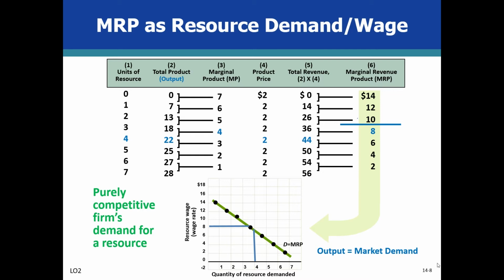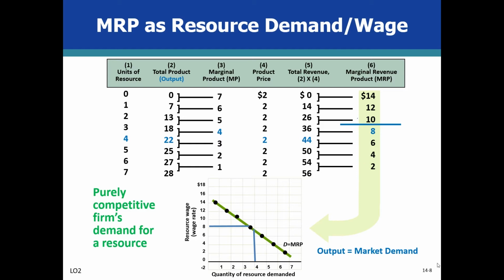The 2 workers, 1 and 2, can make 13 units, but the second worker only adds 6 units to production. The third worker adds 5 units, and the fourth worker adds 4 units. Given the marginal product, the firm will hire 4 workers to produce the 22 units, the market demand. And I've highlighted those here in blue.